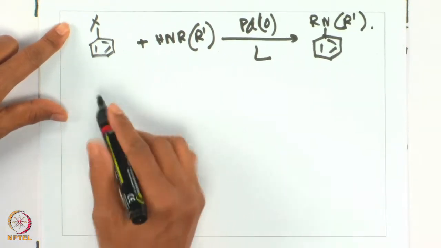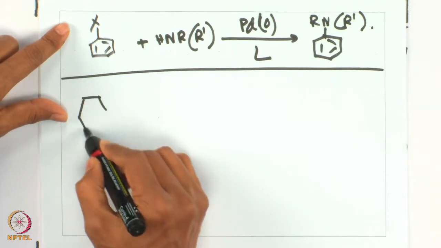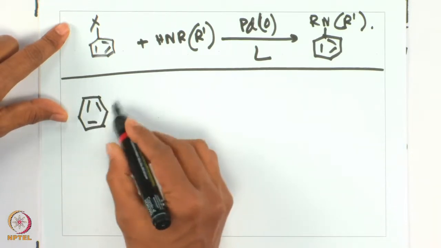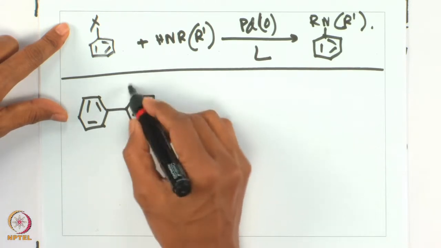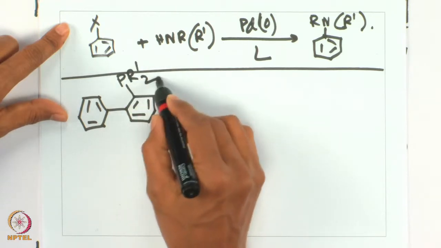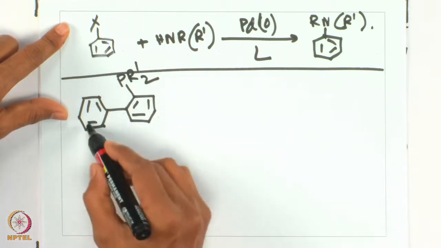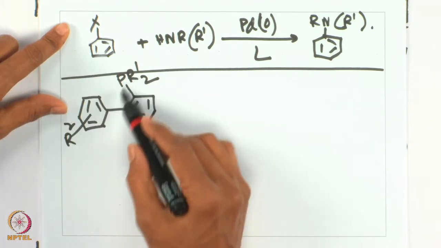The ligands that are most popular, we are now going to draw different ligands that might be involved. So, today's class will be mainly ligand centric, how the ligand is participating in the catalytic cycle. In one case we will be discussing today, we have different R groups in here. So, we have a biaryl.